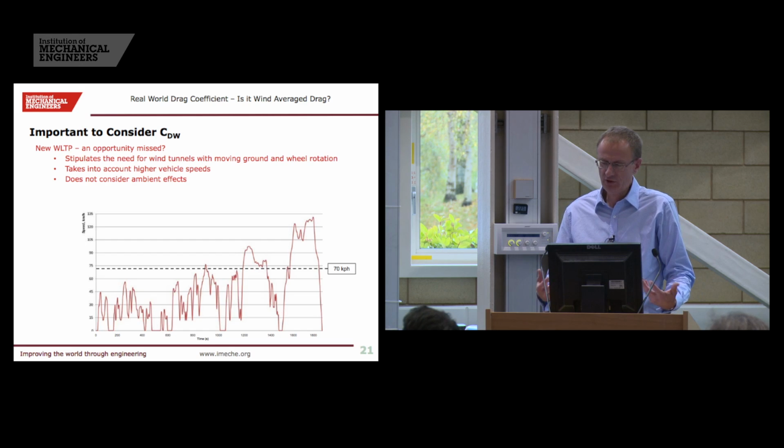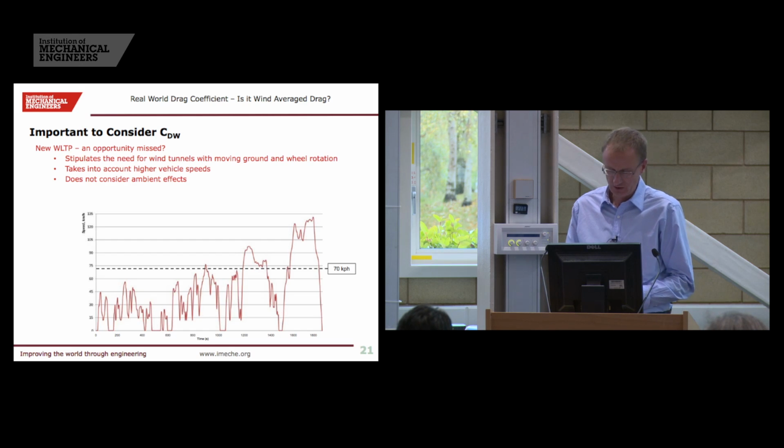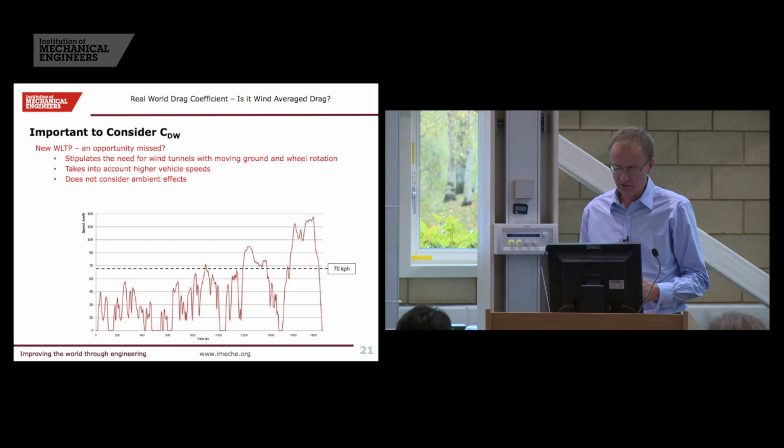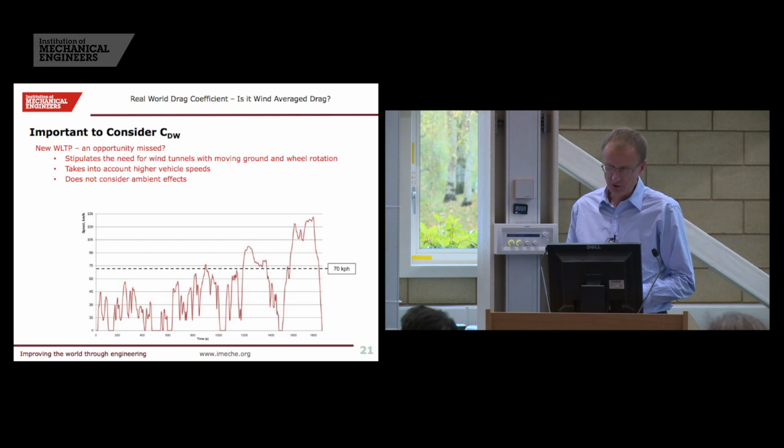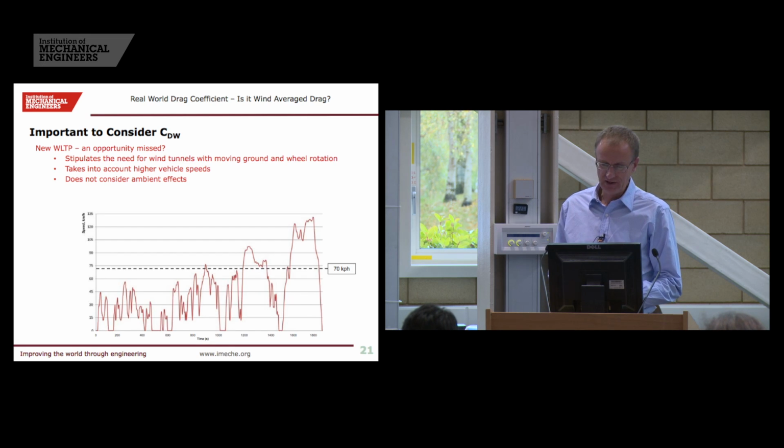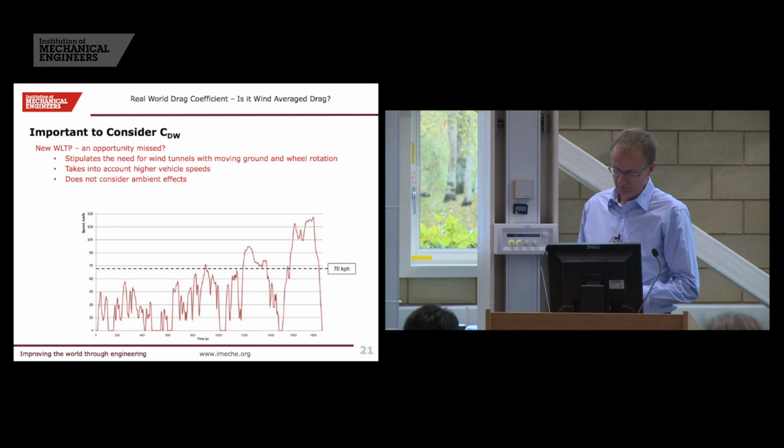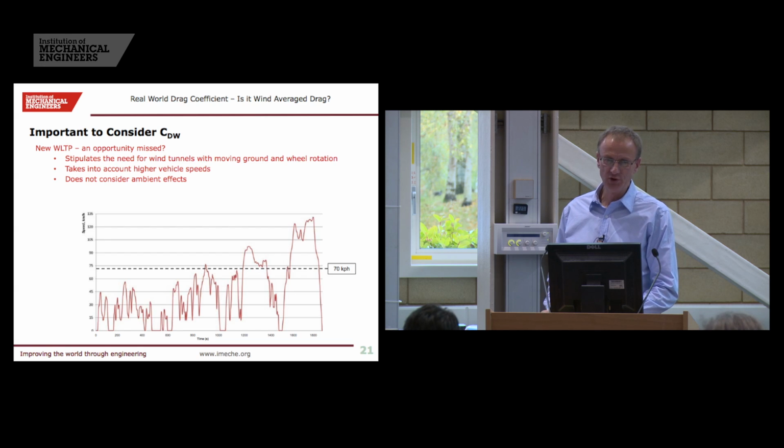And the new driving cycle, the WLTP, stipulates that CD must be measured with moving ground and with wheel rotation, amongst other things. It takes into account a higher vehicle speed and for longer, so aerodynamics is now playing a bigger role in this driving cycle. But it still doesn't consider any ambient effects. And I wonder if that's really an opportunity that's been missed.